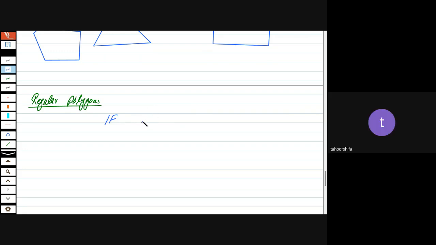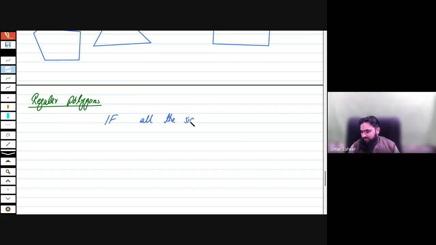All sides and angles are equal, like triangle, square. All the sides, as well as angles, are equal. So you say that this is a regular polygon.